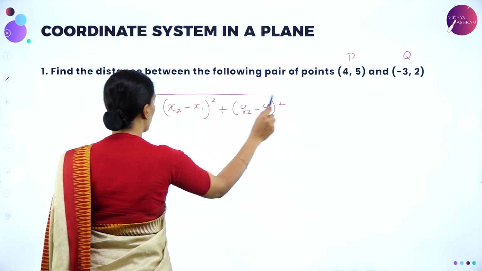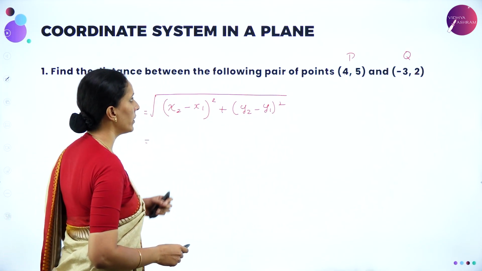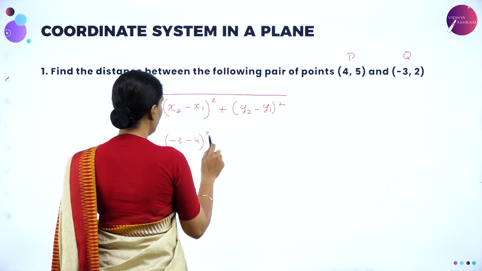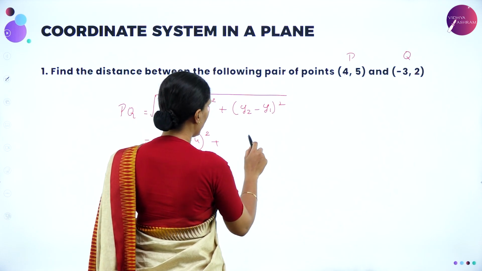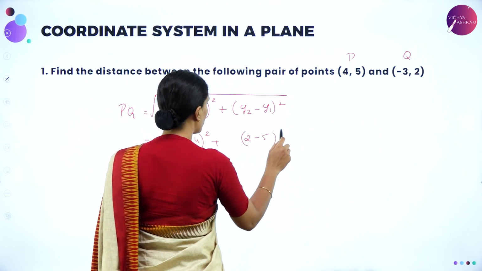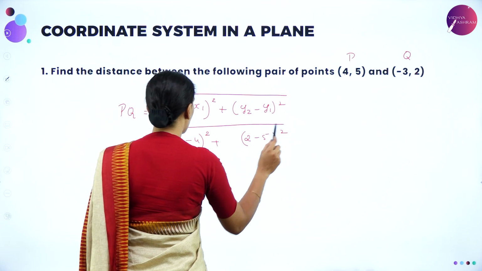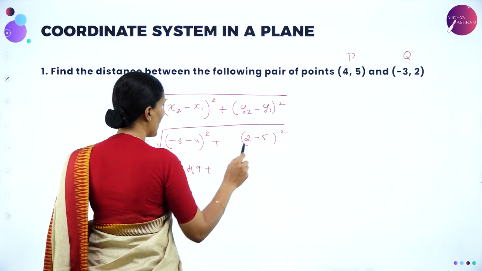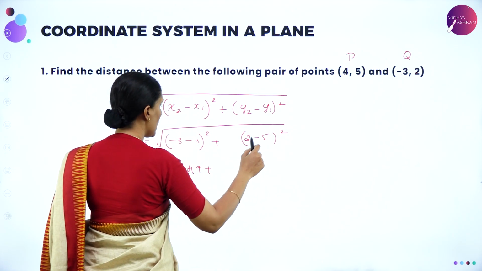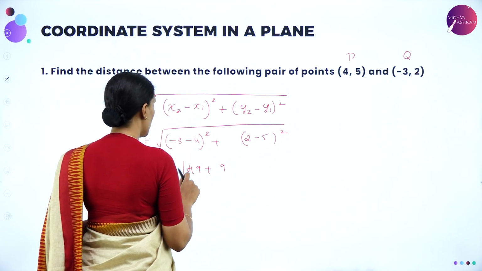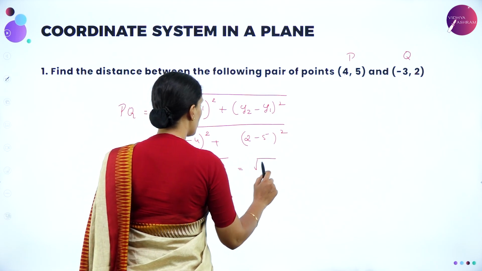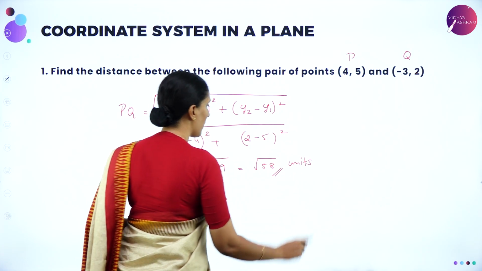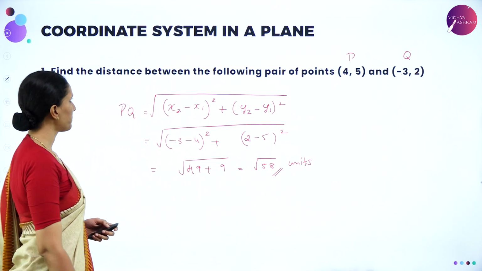Now x2 is -3, minus 4 whole square, plus y2 minus y1, which is 2 minus 5, whole square, under the square root. So this is -7 square, 49, plus 2 minus 5 is -3, whole square is 9. So this is equal to root 58 units. Next question.